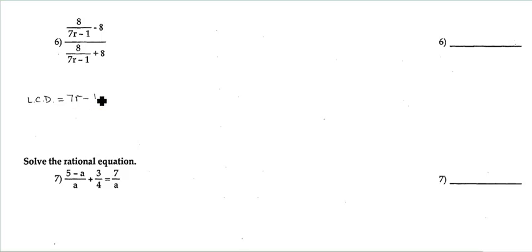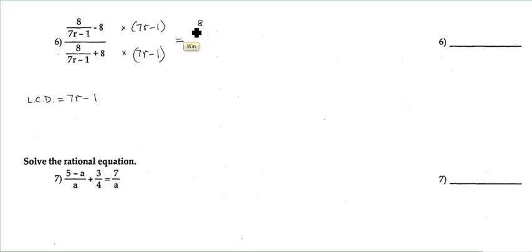There's only one denominator there. So I'm going to multiply both top and bottom by 7R minus 1. Now it's necessary to have the parentheses. So what would that become?